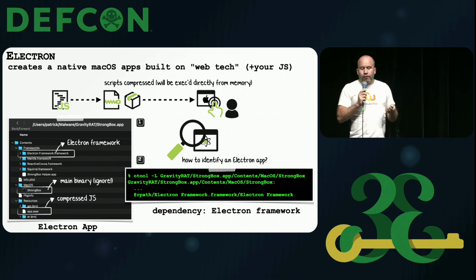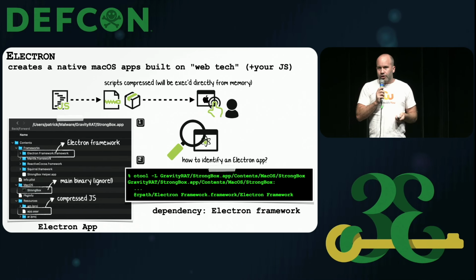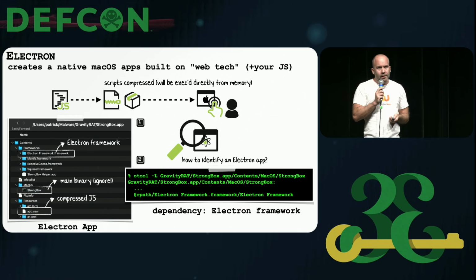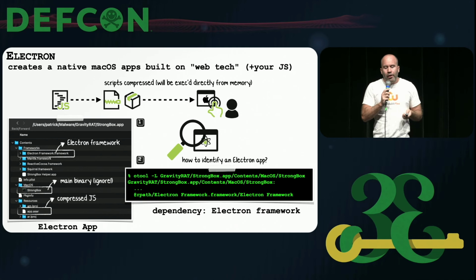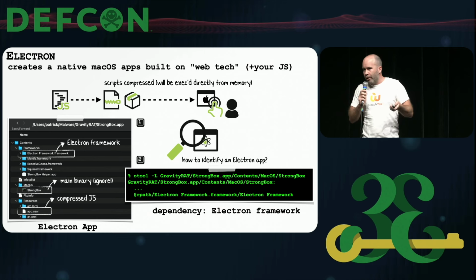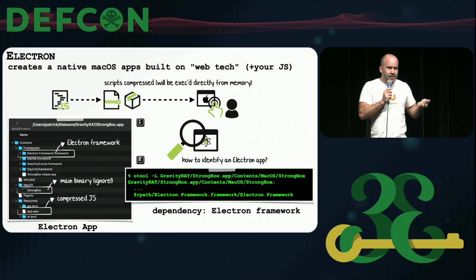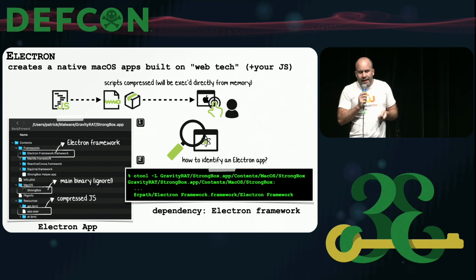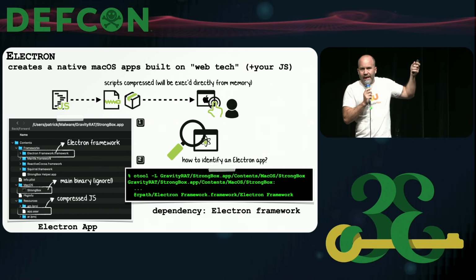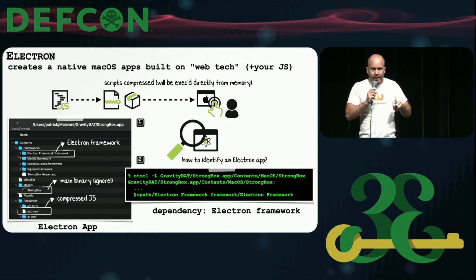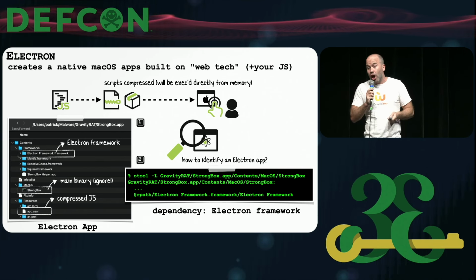You can either look for a dependency on the Electron framework. You can use something like otool to dump the dependencies. Far easier, just look at the application bundle, and you'll see the application has a dependency on the Electron framework. And thus that says, okay, this is indeed an Electron application. Again, we don't want to focus on reversing the main executable component. Instead, we're interested in the scripts. If this is malware, this is where the malicious logic will lie.